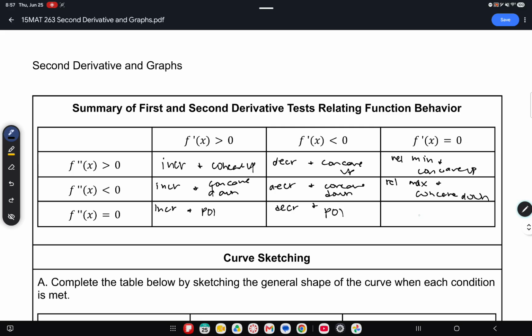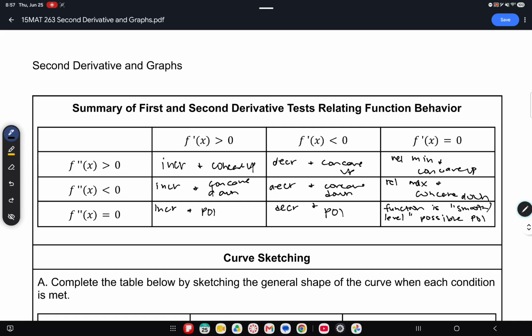And then this last one, if the first derivative is equal to 0 and the second derivative is equal to 0, then the function itself is, we call it smooth or level, right? And then there's a possible point of inflection.